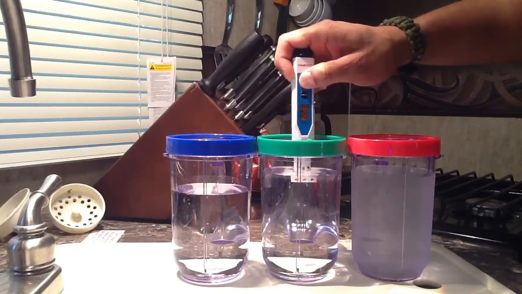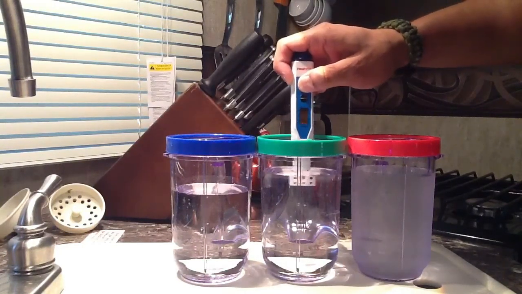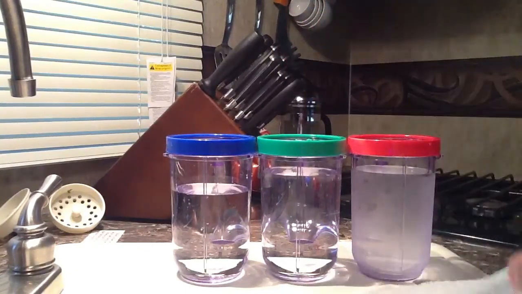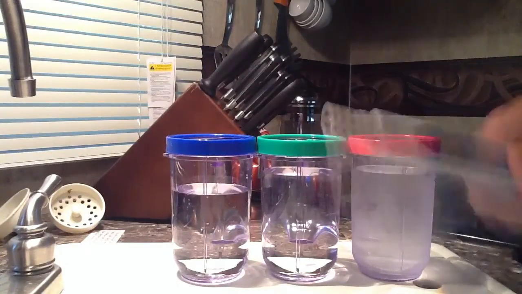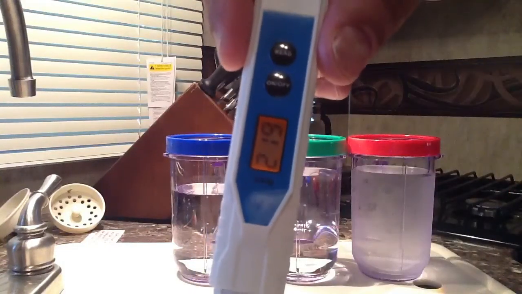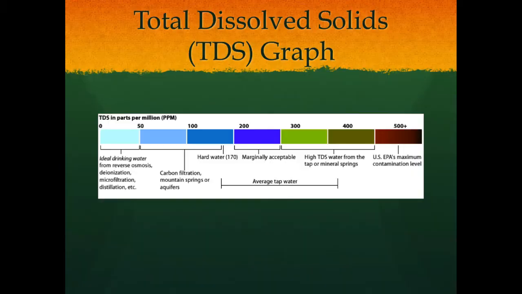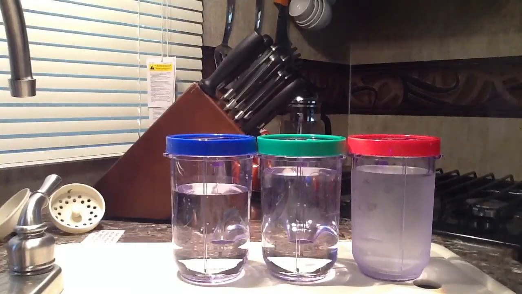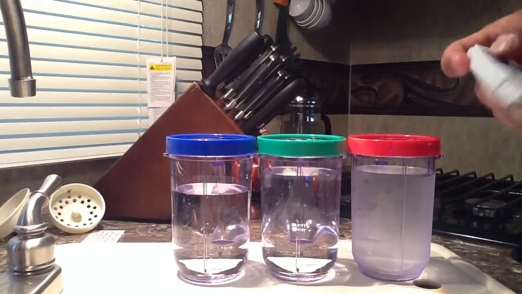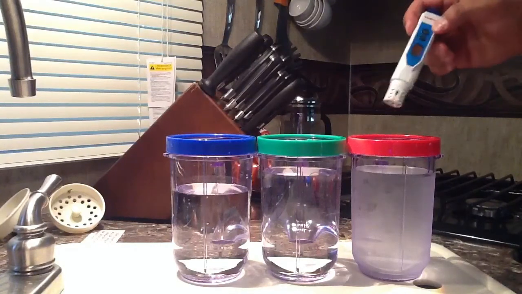Five to 10 seconds. As you can see here, 219 parts per million. Turn that off, get the excess water out, and now finally we're going to test the drinking water from the Brita water filter.